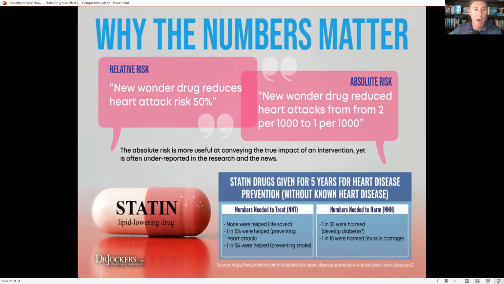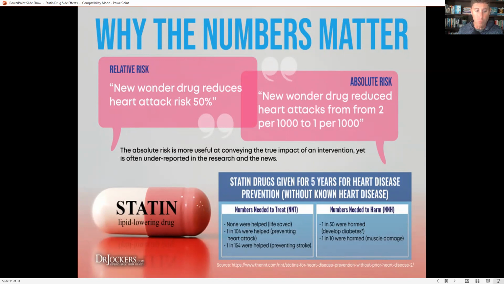Now, the question is, how is that reported? There are two ways to go about it. Your relative risk was lowered by 50%. So you could say this drug reduced your risk of heart disease by 50%, but it only took you from 0.5% to 0.25%, yet they'll communicate it as if it reduced your risk by 50%.